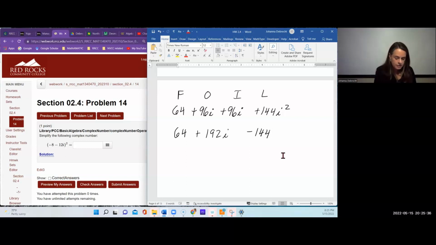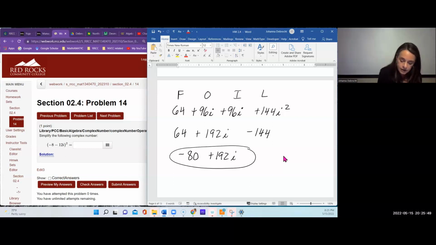Is that what we're getting? Yep, 80. And it should be negative. So we get -80 plus 192i for our final answer for that one, for the complex number.